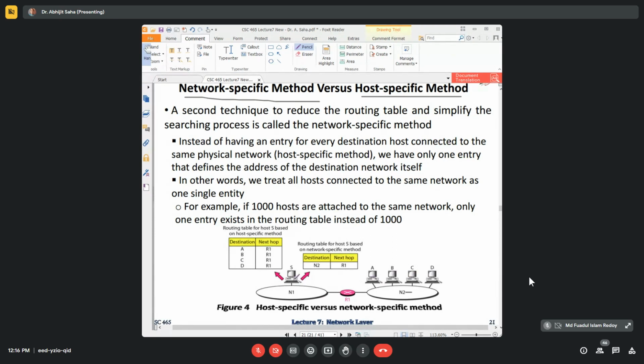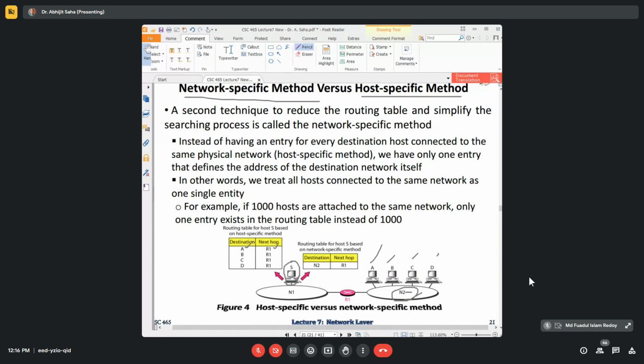In the case of the host specific method, the source node has the routing table for A, B, C, and D of network N2, and it is keeping all the nodes' records with the next hop method. If you want to reach from S to A, then the destination is A, next stop is R1.